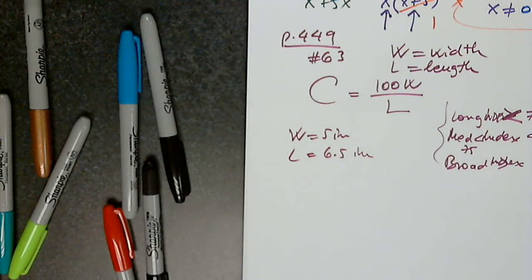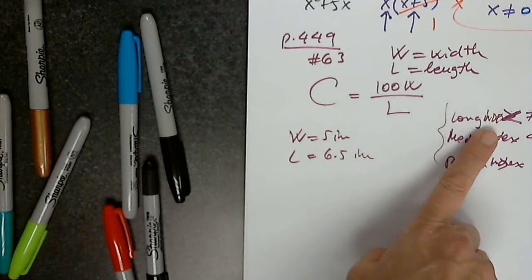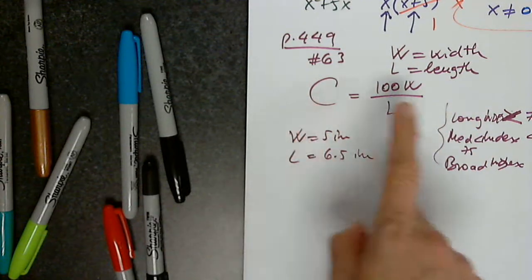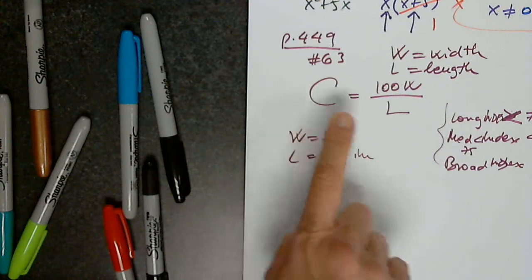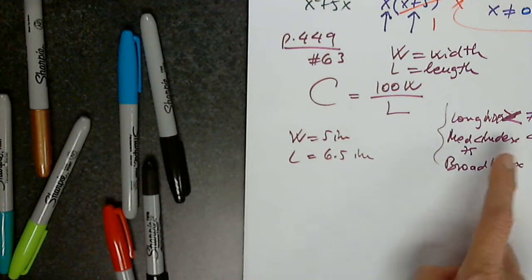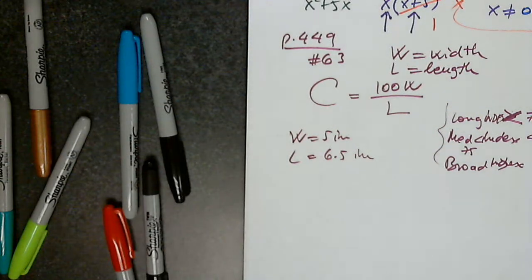And classify the skull. Okay, so it's important. Good. So C is the cephalic index. So if the index is less than 75, the skull is long. If C is between 75 and 85, it's considered medium. And if C is greater than 85, that's considered the broad skull.